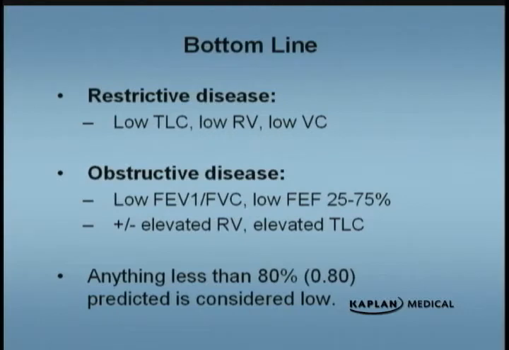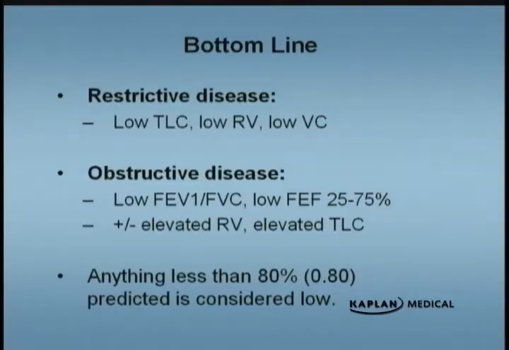So restrictive disease has low total lung capacity, low residual volume, low vital capacity, normal FEV1 over FVC, and normal FEF 25-75.